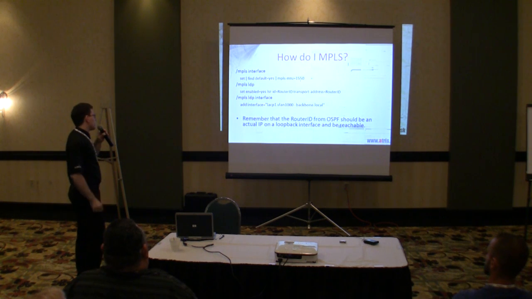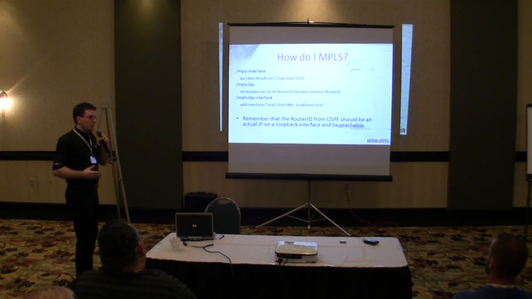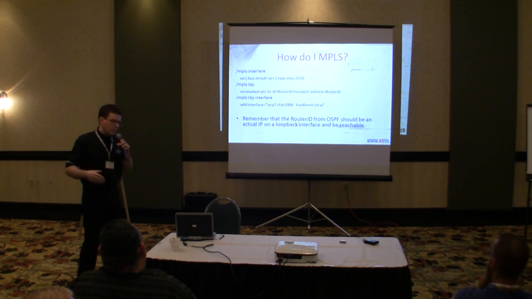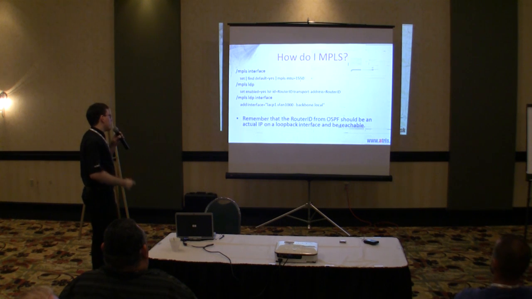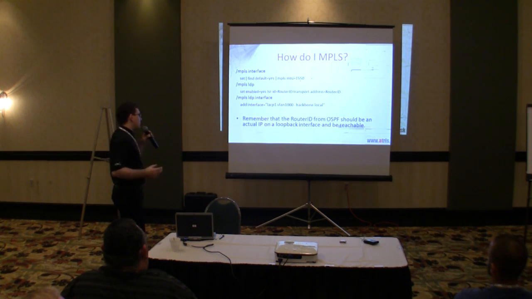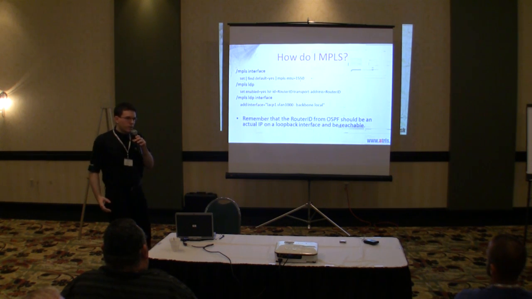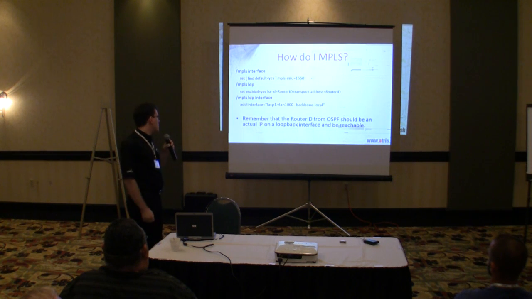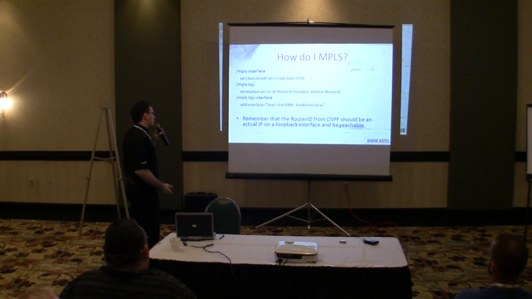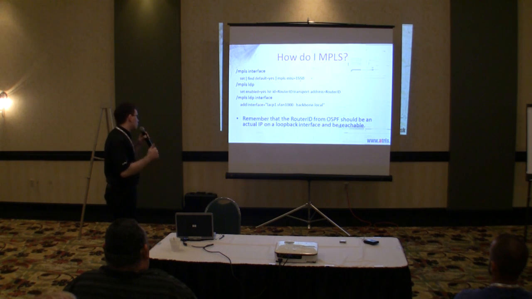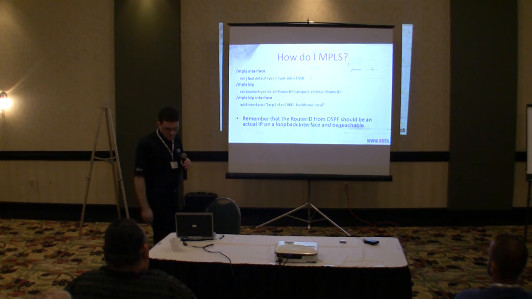So in this case, we turn on LDP, enable it, give it our router ID, which should be a reachable IP address on a loopback interface, as an LSR ID and as a transport address. And then we just add an interface on which we want the LDP process to run. So yeah, like I said, remember that the router ID should be from OSPF, should be reachable, should be on a loopback, etc.